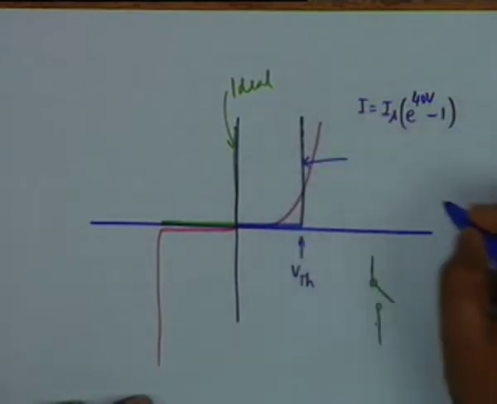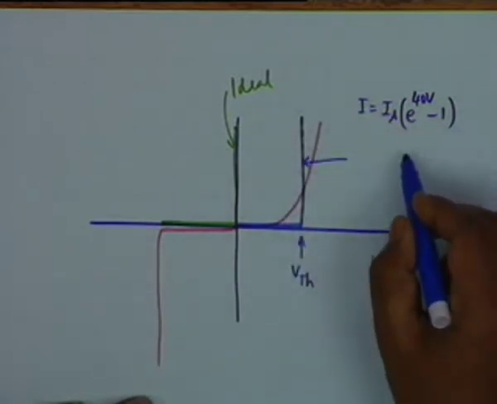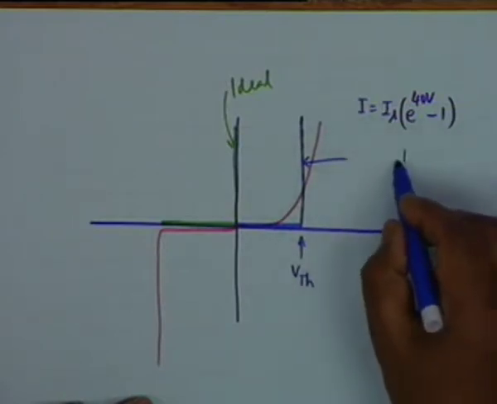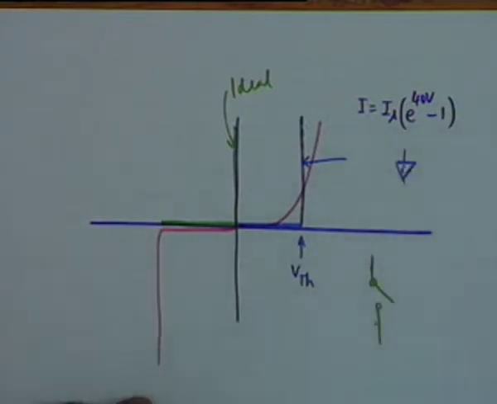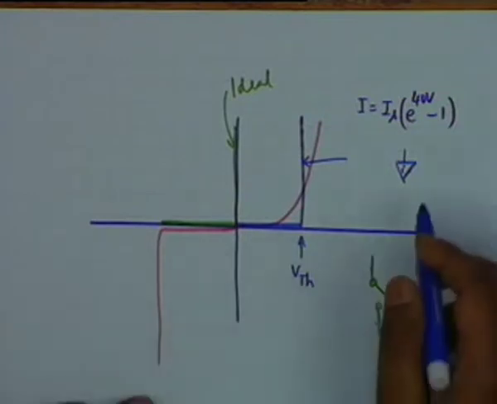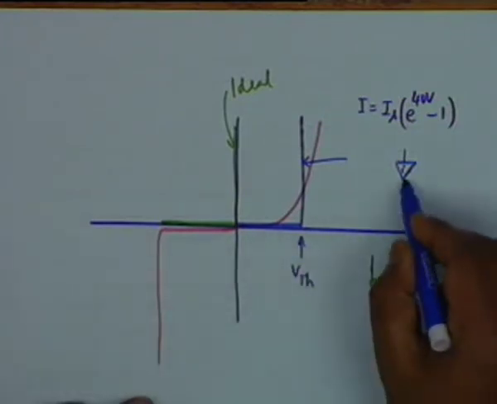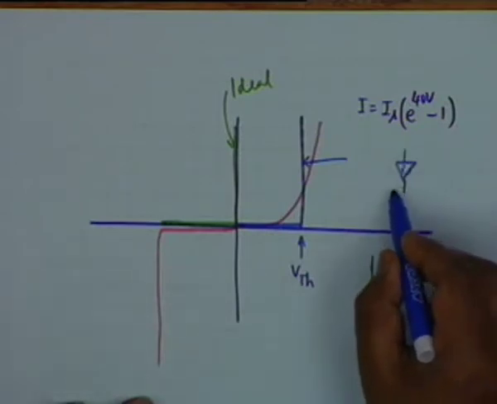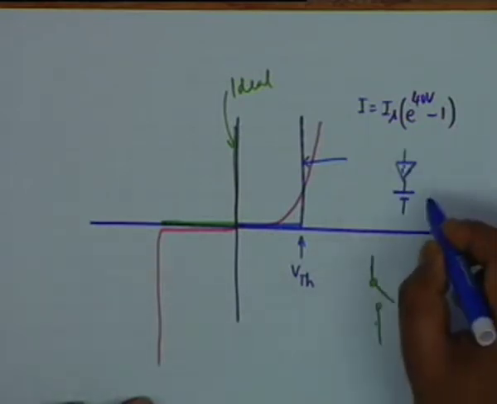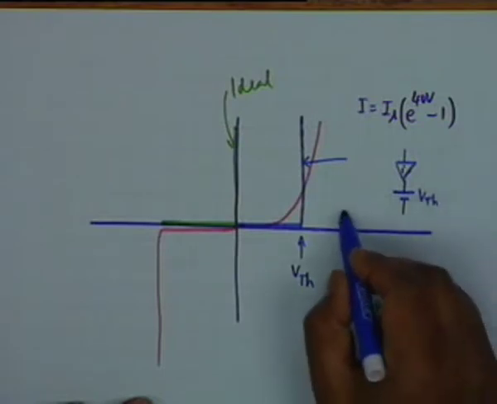Now this curve can be approximated by an ideal diode. We shall use the symbol I inside to denote that it is ideal. An ideal diode, that is a switch, but this diode does not conduct till this potential rises to 0.7 volts. So we have a battery which is equal to the threshold voltage.